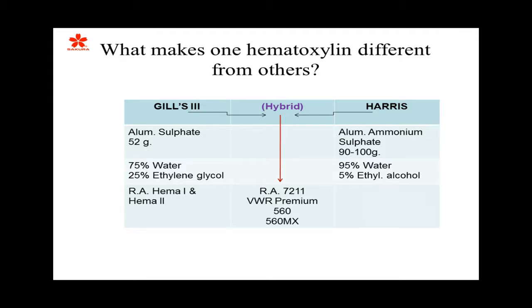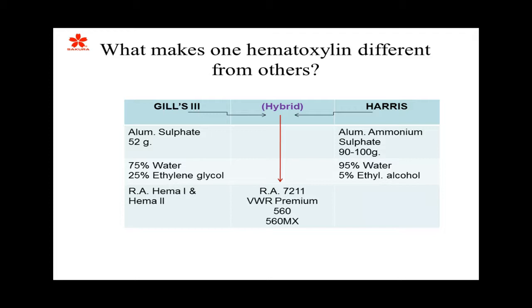Richard Allen 7211, the VWR premium stain, and the Leica Selectex stains 560 and 560 MX are examples of those. Once again, these are hybrid hematoxylins where you don't have to filter every day. They remain consistent in their stain intensity.